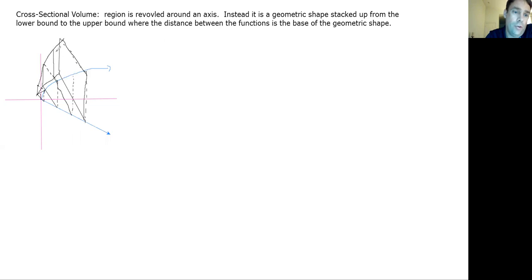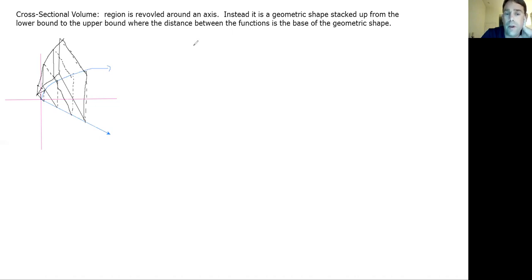You can see all those infinite number of squares stacked up to create this little speaker-ish type system. One way to think about it is like a deck of cards. A single card is flat, which has no volume, but if you start setting all the cards up on it, it starts to make a rectangular prism. That's the idea that we're looking at.